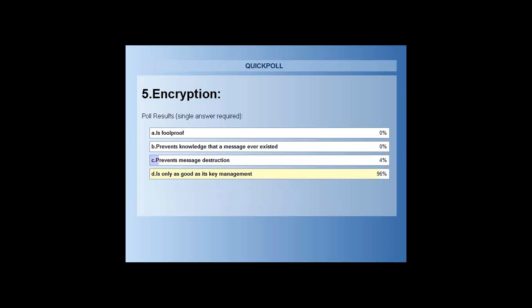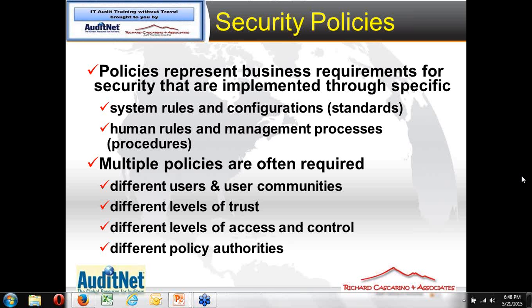Now for all of that to work, for our firewalls to work, for encryption to work, for our key management to work, we need the appropriate security policies. And that means that we need business policies reflecting business requirements, so that they can then be implemented through the appropriate system rules and configurations, the standards that we use, and the human rules and the management processes, in other words, the procedures that we use.